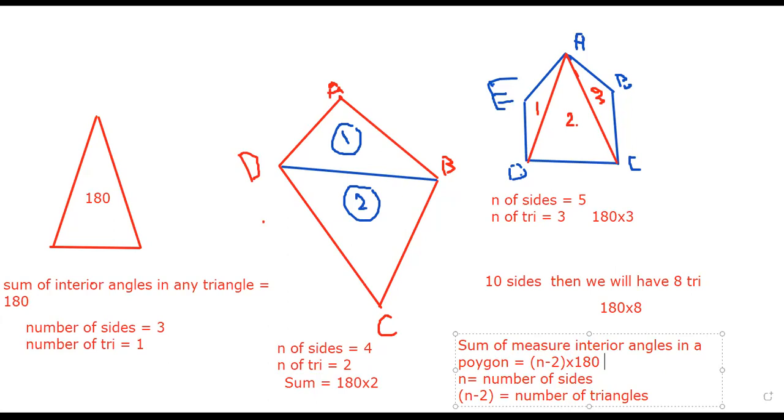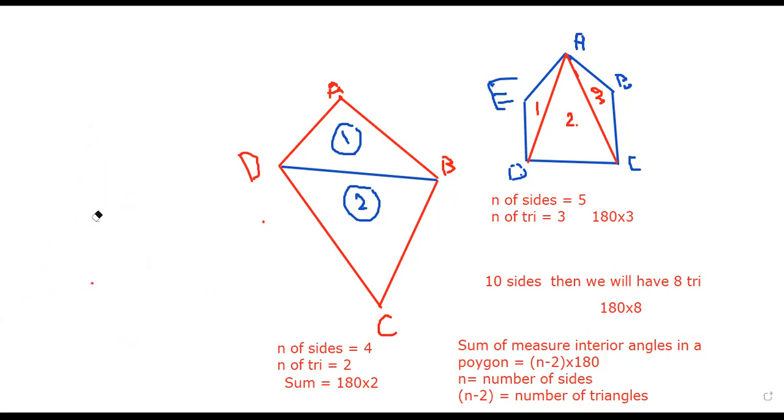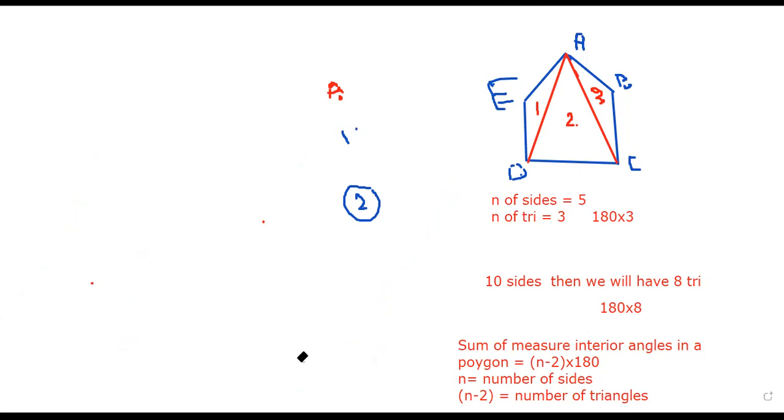So we replace n by 9. So it will be 9 minus 2 times 180, right? Then the answer will be how many?